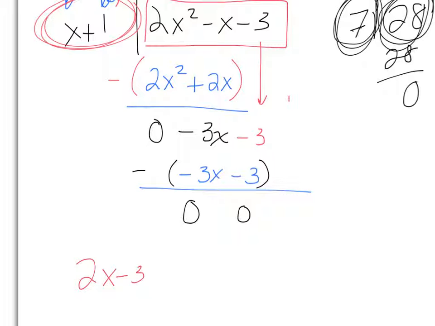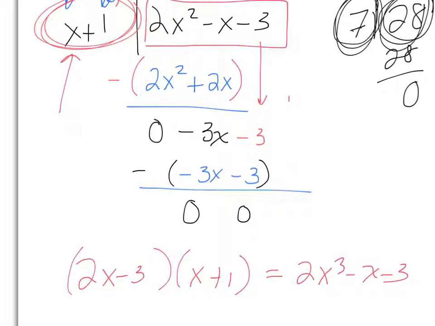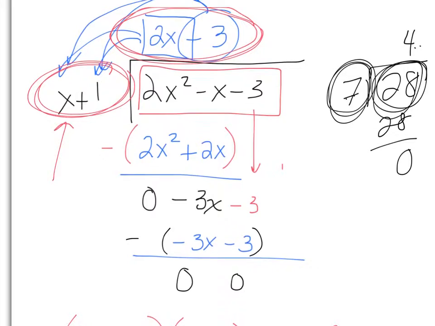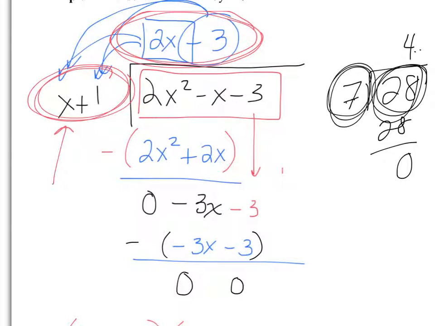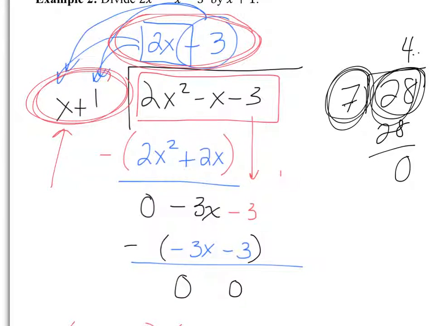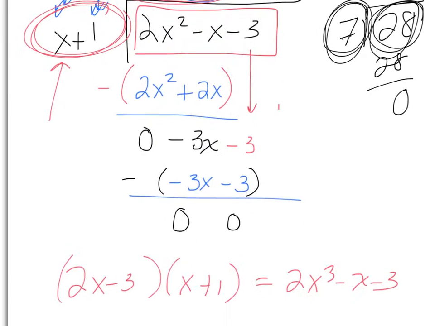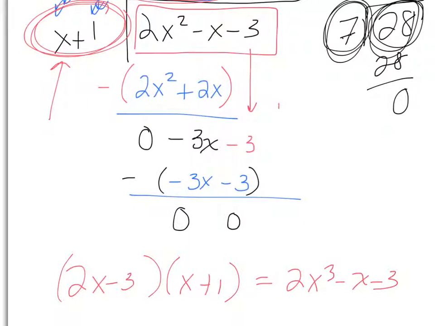Well, if x plus 1 divided evenly into it, it means that this times this is really what was underneath. Again, the quotient times the divisor gives you the dividend. That's that statement at the bottom there.